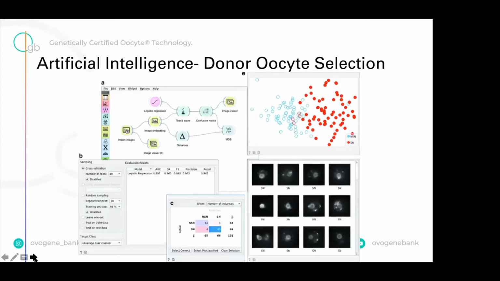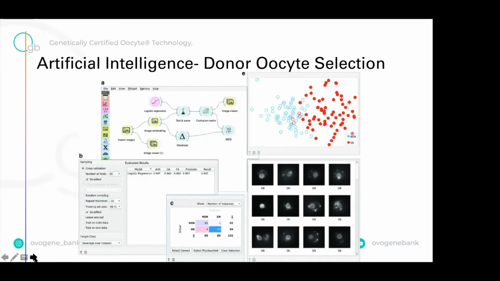Basically all this is done by the artificial intelligence, which we developed by the OVOGENE scientific team. How the system works: the system catches different oocyte images, because as you know, some donors give 20, 30 oocytes, and all of them can be good quality by the embryologist's view, but still the artificial intelligence needs to understand which oocyte to choose.